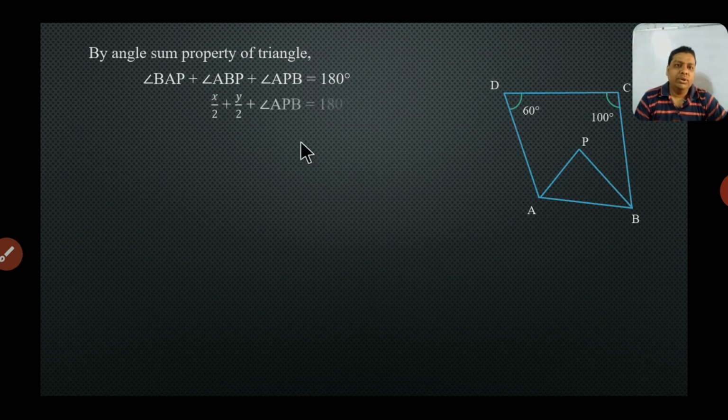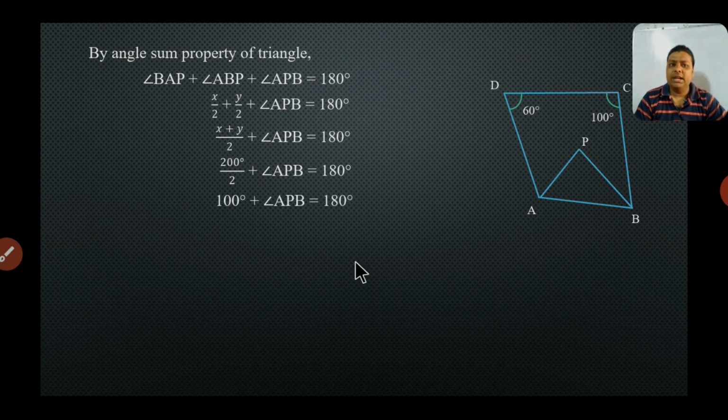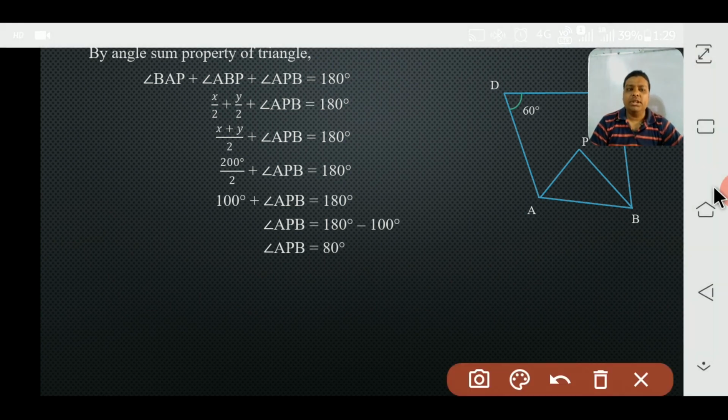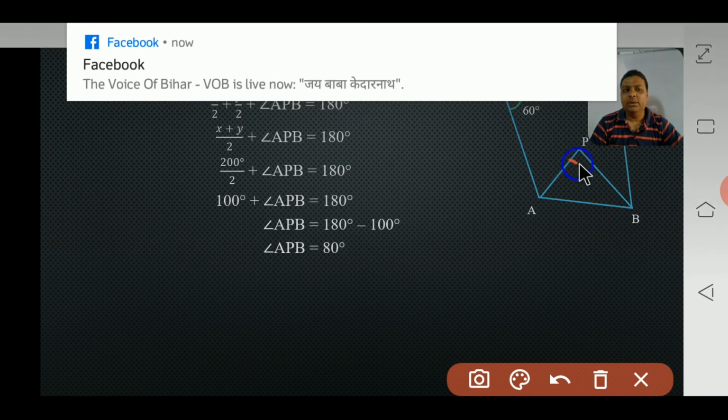Let's put in the values: angle BAP is x by 2, angle ABP is y by 2, and angle APB we have to find, equals 180. Taking the LCM, x plus y, whose value we already have as 200 degrees, so 200 by 2 is 100 degrees. Taking 100 degrees to the other side, angle APB is 180 minus 100, that is 80 degrees. So the answer is angle APB equals 80 degrees. If this type of question comes, you can simply add these two angles and divide by 2 to get the middle angle.